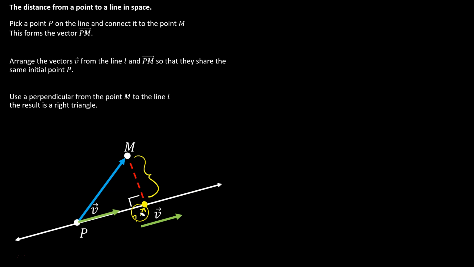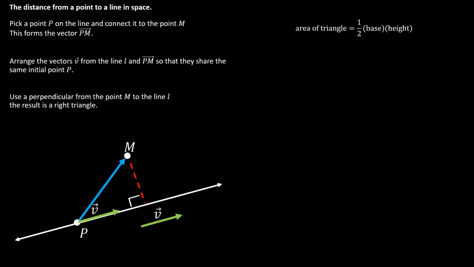So we have to just take any point that we can find, and we'll assume that it's not that special point that we wish we knew. It's a safer assumption. So we pick some point P, generate a vector between P and M, connect the vector V to the point P so that we have a nice little right triangle formed in our diagram.